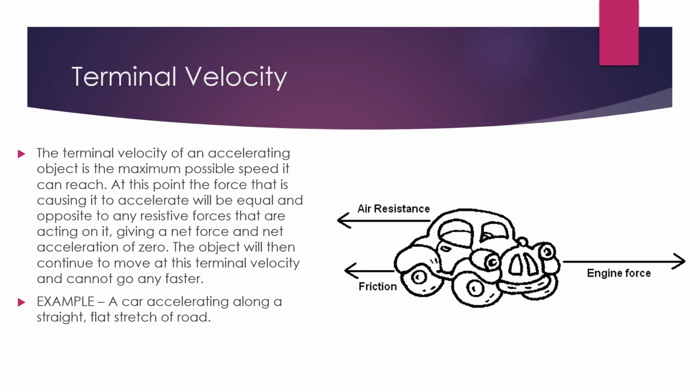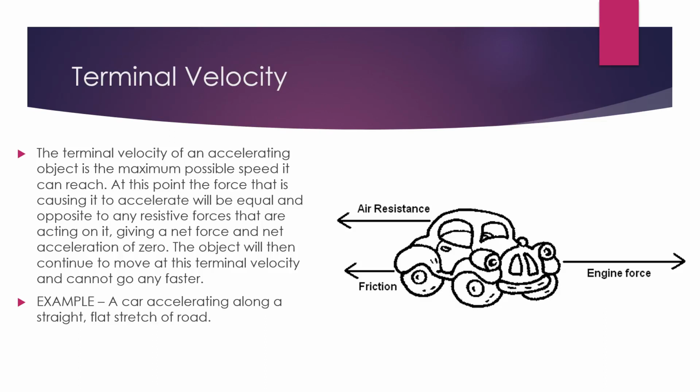When the force acting forwards on it is equal and opposite to the resistive forces acting in the opposite direction, then the overall net force will be zero, and if the overall net force is zero, then by Newton's second law, that means the acceleration is zero as well. Acceleration of zero means the object will continue to move at that speed, but won't accelerate any faster. So in other words, it won't move any faster than that.